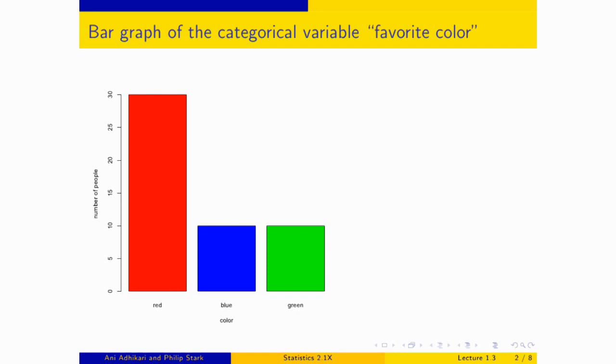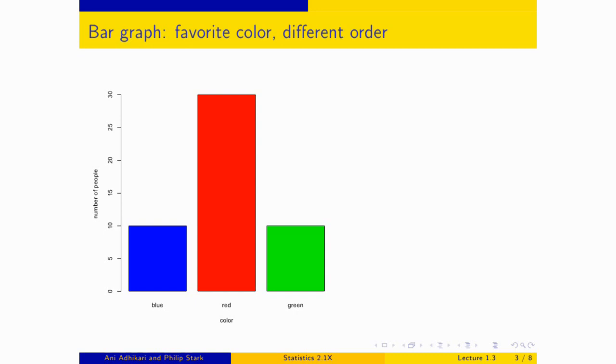There are these 3 bars that I chose to put in the order red, blue, and green, but I could just as easily have chosen blue, red, and green, and this picture carries the same information. I'm free to draw this if I want. So the values on the horizontal axis have no particular ranking relative to each other. You know this about categorical variables.